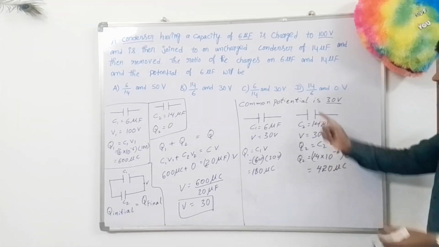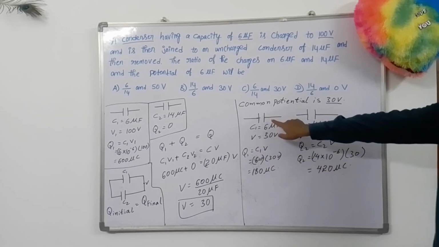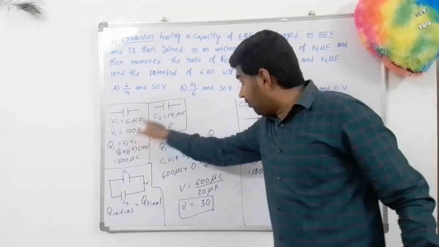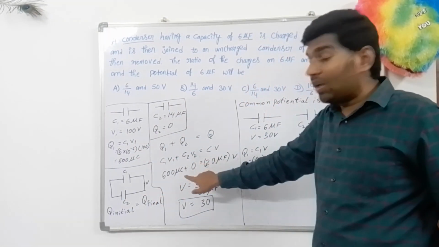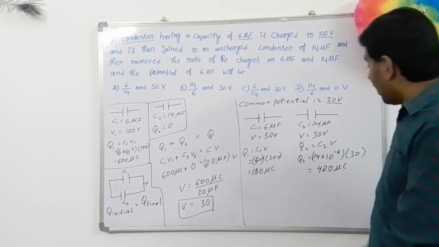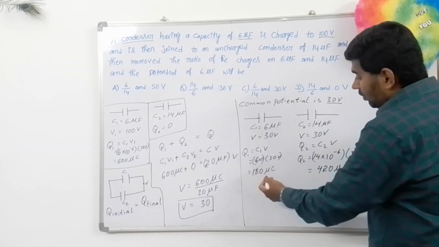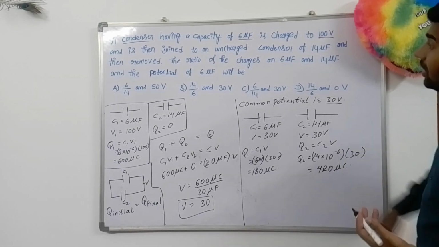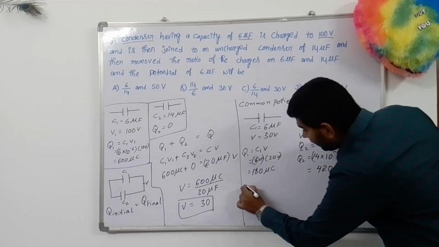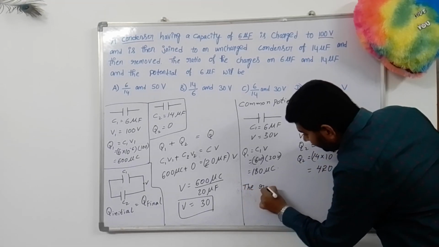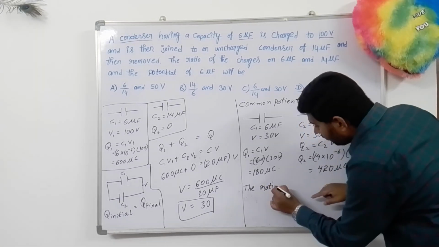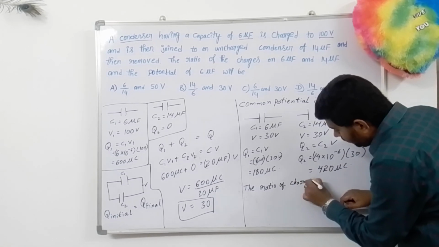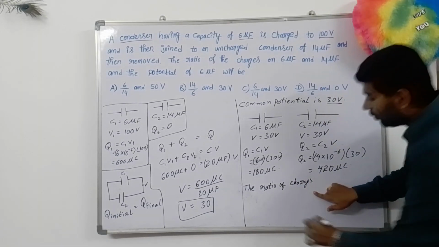Finally, after separation, remember, this is after separation, this is before separation, this is whenever the two are connected, you will get the voltage. Here after separation, Q1 is equal to 180 microcoulomb, Q2 is equal to 420 microcoulomb. What we have to find out? The ratio of the charges. How to write?